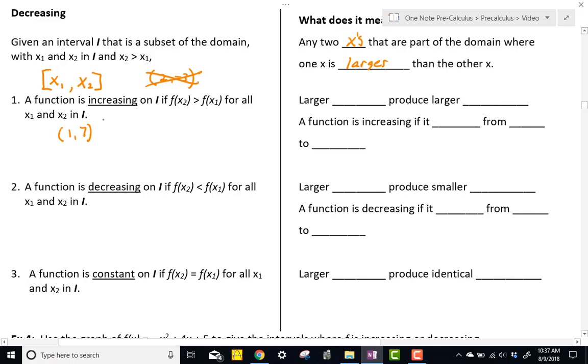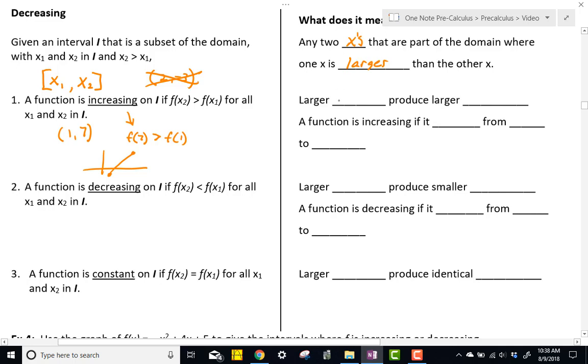We would say that this is increasing if f of 7 was greater than f of 1. I would need a graph that looks something like this. Let's say that f of 1 turned out to be here and f of 7 was over here. You can obviously see that there's an increase from 1 to 7. That's what it means to be increasing.